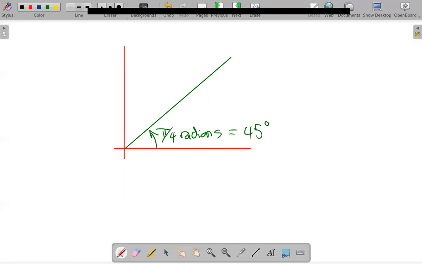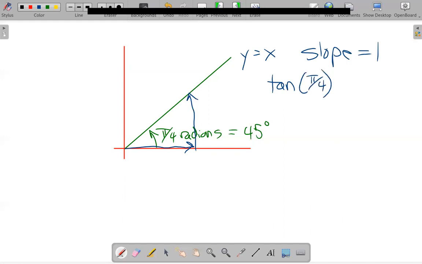And at 45 degrees or pi over 4, what's happening is as I go over some amount x, and then I go up y, this is the line y equals x, right? What's the slope of this line? Well, the slope is 1. So that tells me that the tangent of 45 degrees or pi over 4 radians ought to be 1 because that's the slope of this line, right? So that gives us the slope of a line.